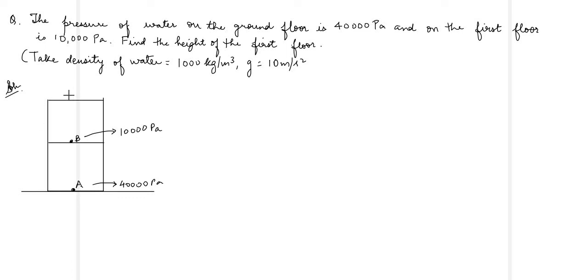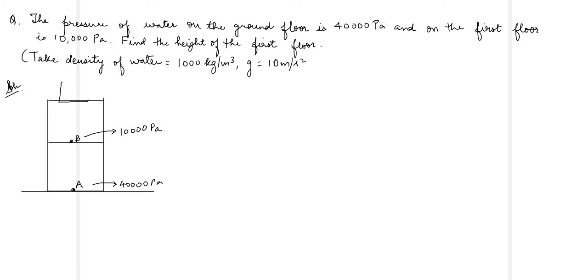Okay, so basically there is some water kept at some height and the water is flowing through pipes, right, on first floor and then on ground floor also. So that tank is not shown, those pipelines have not been shown. Basically it is just told that the pressure on water on the ground floor is 40,000 Pascal and on the first floor is 10,000 Pascal.